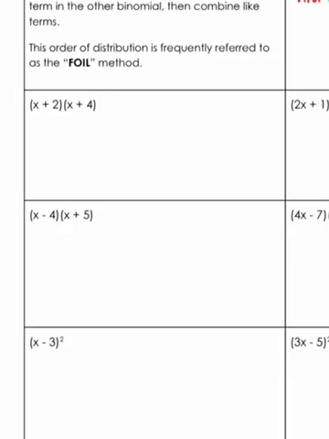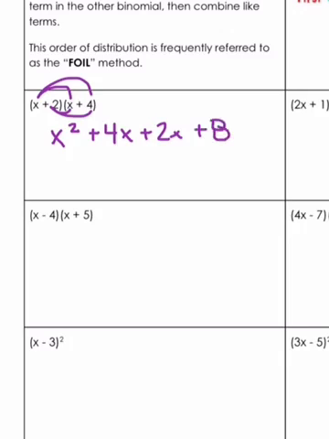We'll start with our first example here. All right, and x times x is x squared, x times 4 is 4x, 2 times x is 2x, and 2 times 4 is 8.